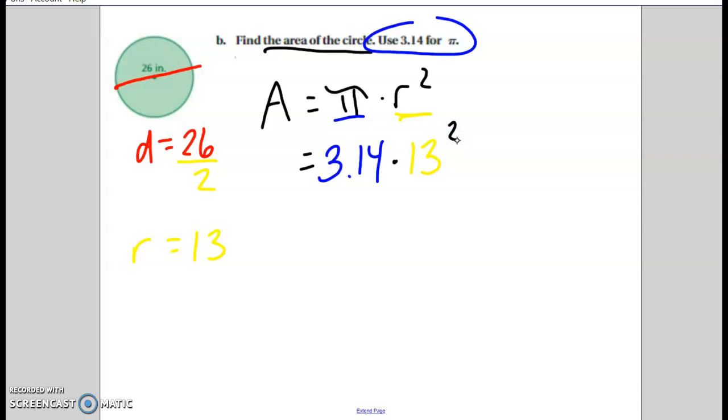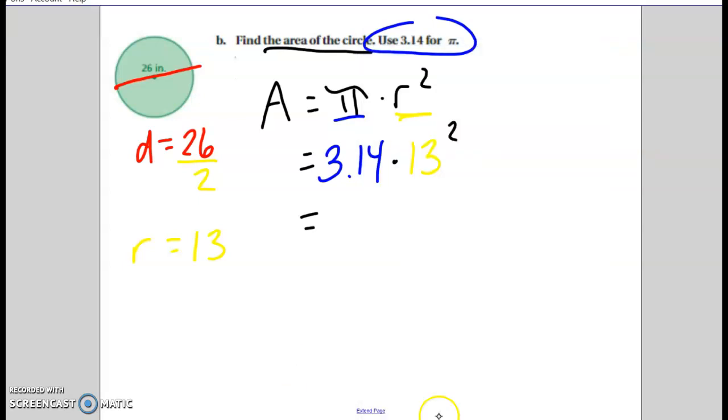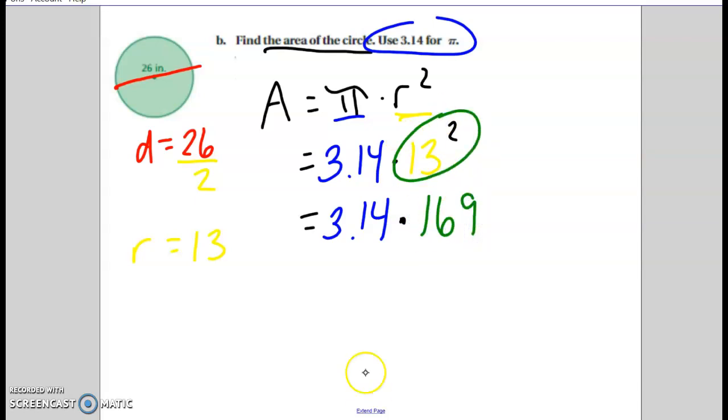So I'm doing 3.14 times 13 squared equals, now I'm going to give you the gift of a calculator. So I'm going to go 13 squared first. 13 squared is 169, and I still have the 3.14. I'm going to multiply by, I got the answer to 13 squared, which was 169.